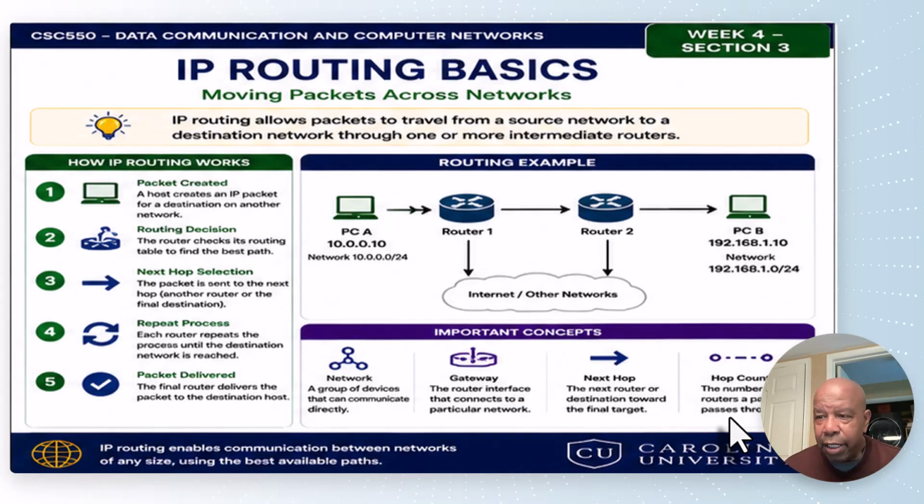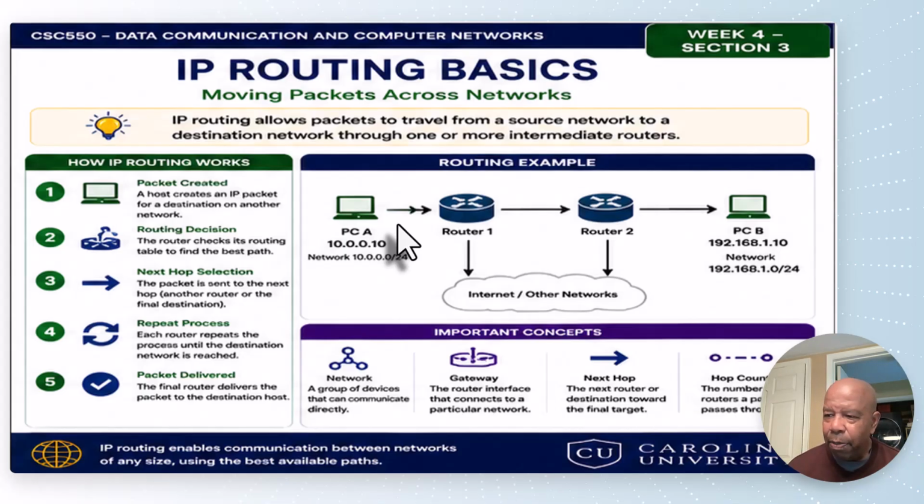Routing basics: how does IP routing work? Looking at a routing example, we're moving information from PC A to router 1. Router 1 sends it to router 2, and router 2 sends it to PC B, which is the one that wants to receive the information.